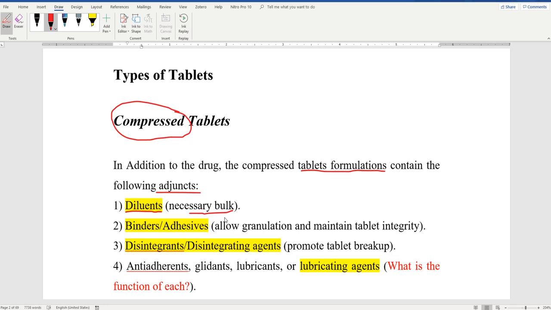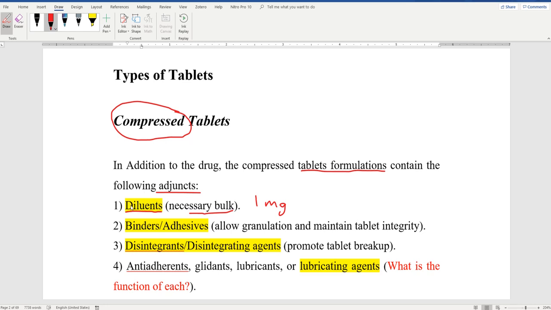If the amount of the drug is very small, say 1 milligram, the tablet machine cannot deal with 1 milligram. Maybe at least it needs 60 or 120 milligram for the tablet machine to be able to deal with the powder or with the granules. So what do we do? We mix the drug with diluent.